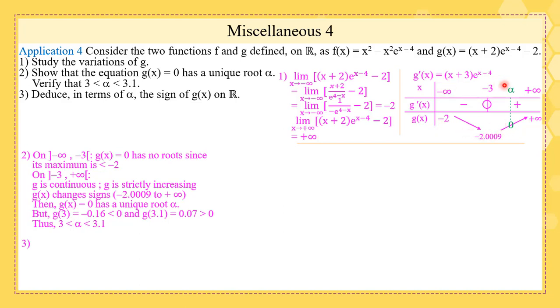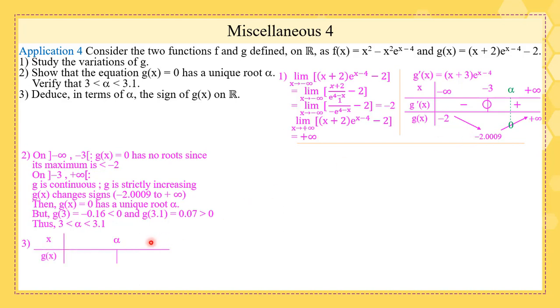So from negative infinity to alpha, we can see that g of x is negative, and then from alpha to plus infinity, somewhere here we can see that g of x is positive. It's just a matter of numbers. Numbers from 0 to plus infinity are always positive, and numbers from negative 2.2 to negative 2 are always negative. So how do we express these ideas?